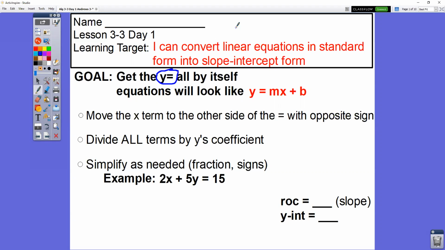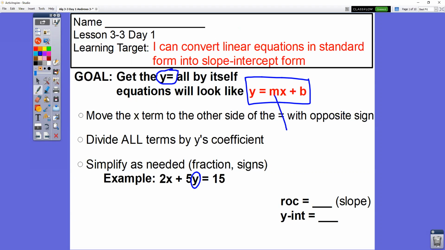Taking a look at this first one, it says 2x plus 5y equals 15. Again, our goal is to get this y all by itself, because we want our final answer to look like this: y equals mx plus b.